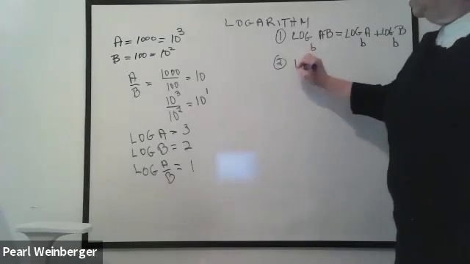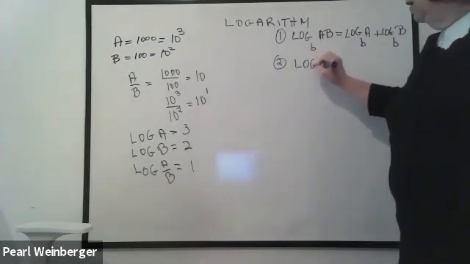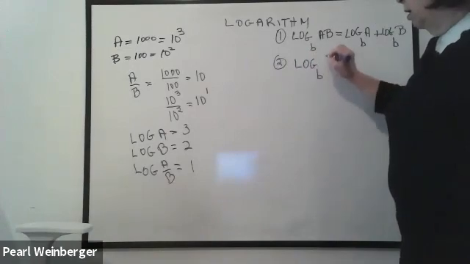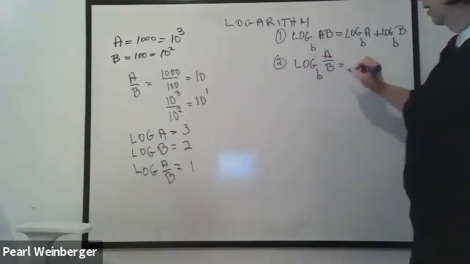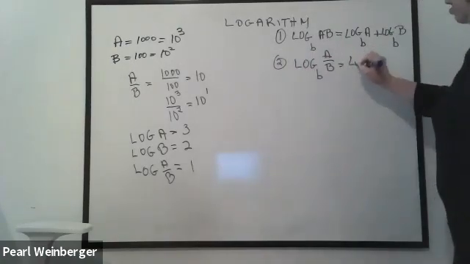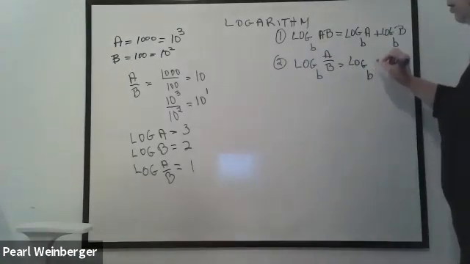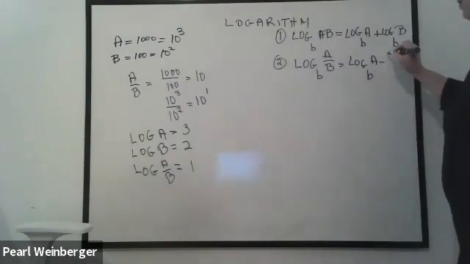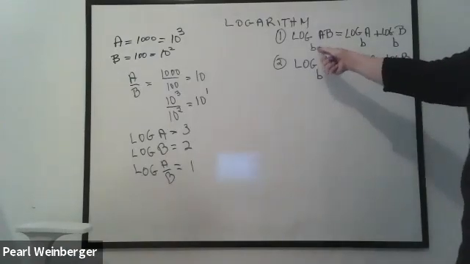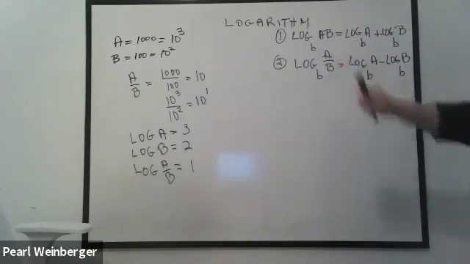So here's my second rule. Log base b of A divided by B is the log base b of A minus the log base b of B. It's the top minus the bottom.